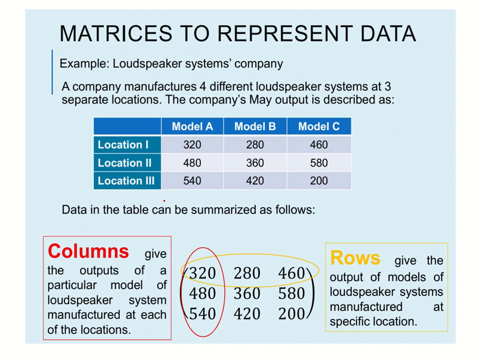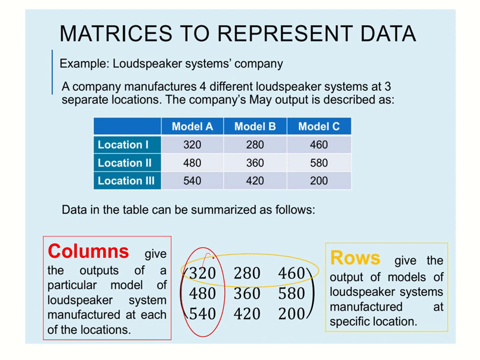Okay, so for all this data, now we can actually organize it in the term of the matrix here. All right, so we can use the matrix to perform some arithmetic operation, which we are going to learn later. All right, so now the columns here give the outputs of a particular model of loudspeaker system.